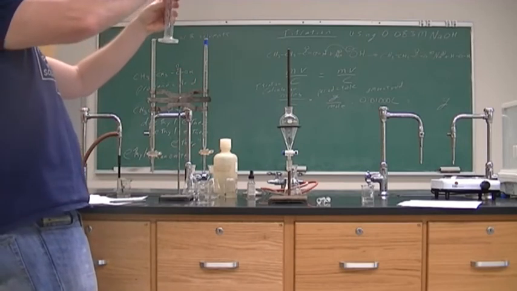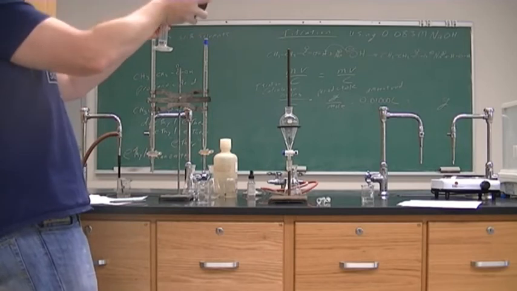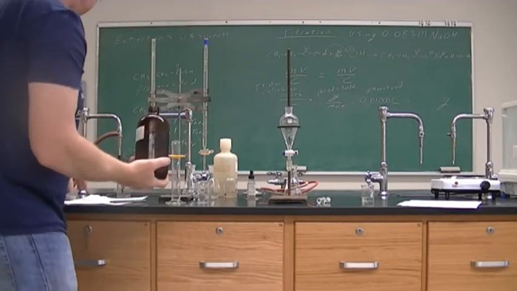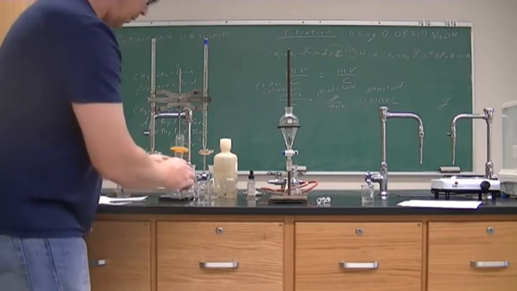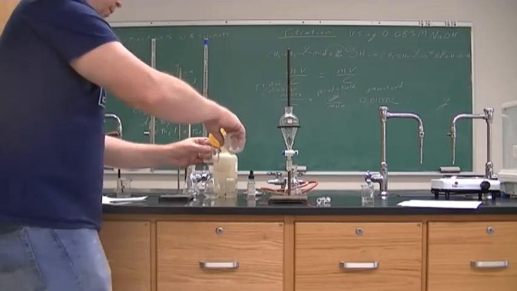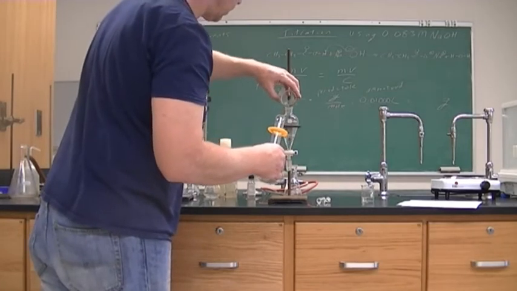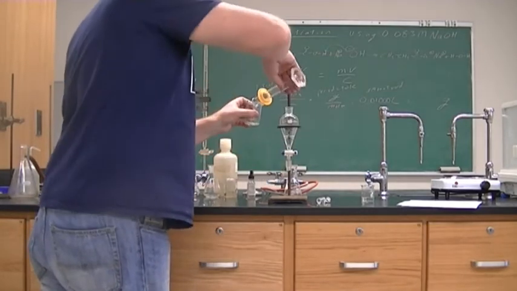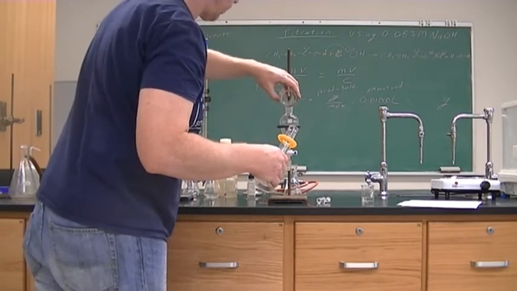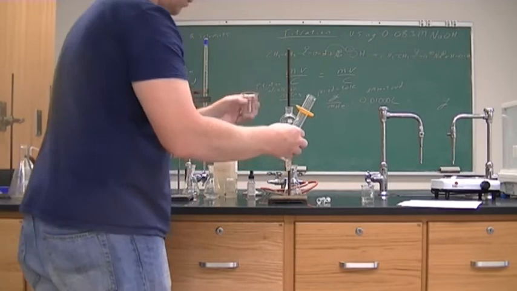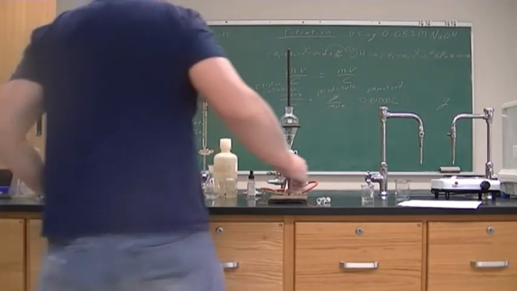So we're going to add 5 mils. I'll put it in here, make sure we get all that acid out and into here. There. So this is our first extraction.